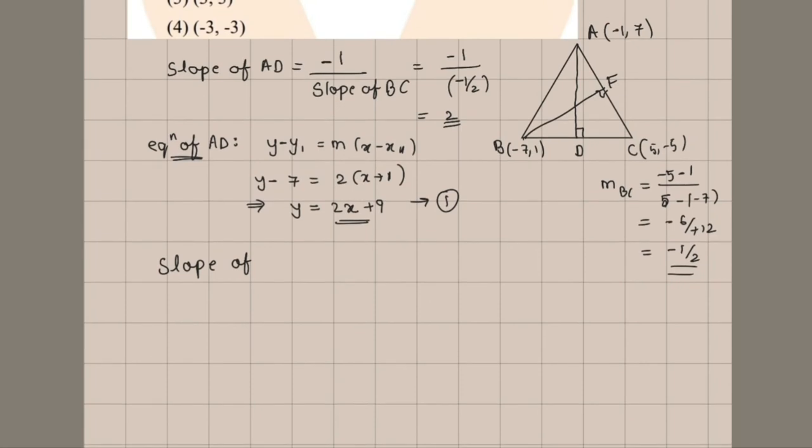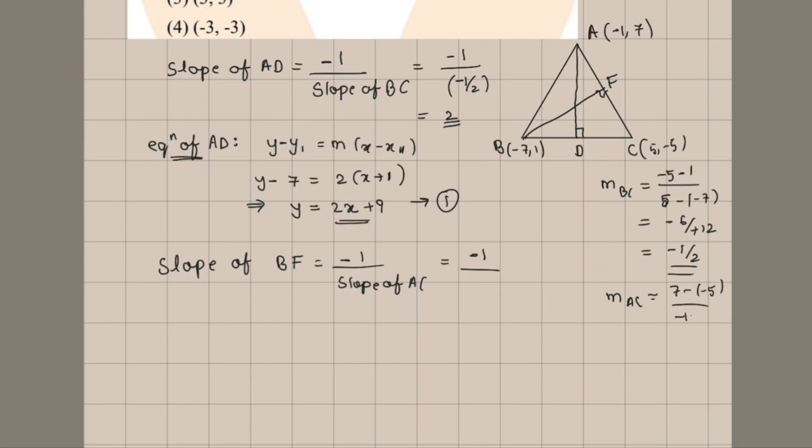Now the slope of BF equals minus 1 over slope of AC. What is the slope of AC? Slope of AC equals similarly (y2 minus y1), so 7 minus of minus 5, by x2 minus x1. x2 is minus 1, x1 is 5.